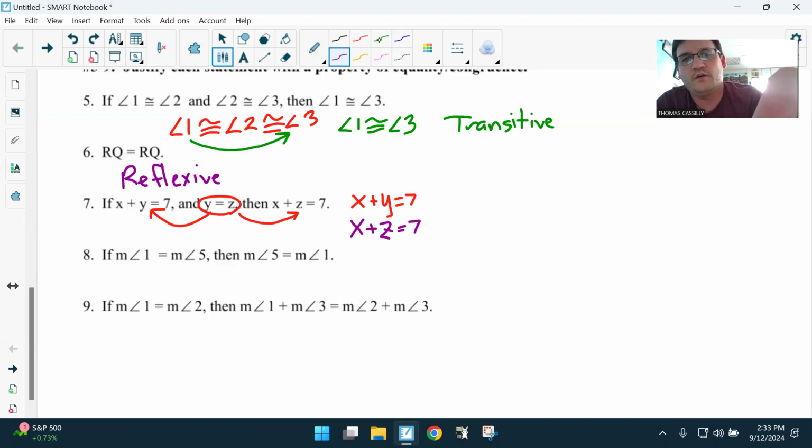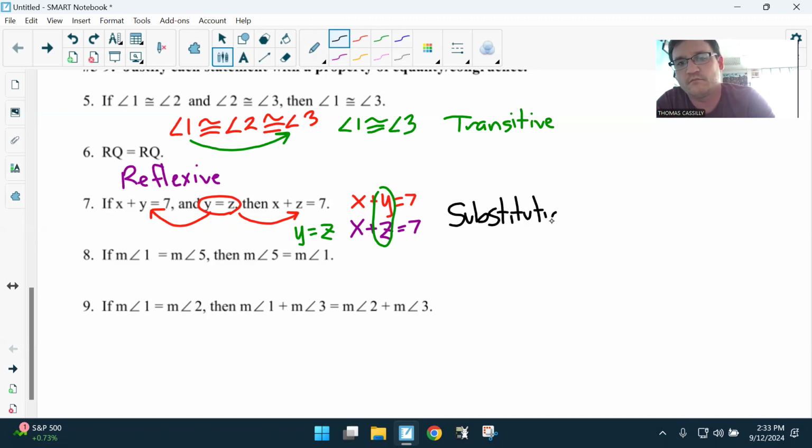We know since y and z are the same thing, all we're doing is switching those out. Y equals z. We're just using the substitution property. And that's a very, very useful property to use in geometry.